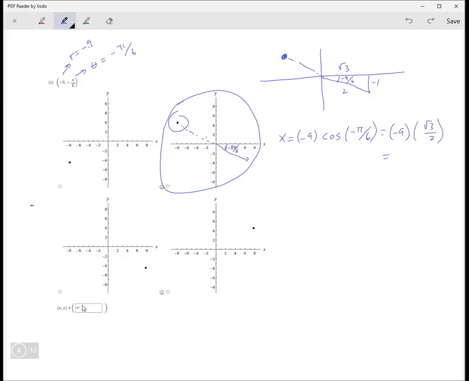So the x coordinate is -9√3 over 2. And the y coordinate is -9 times sine of negative pi over 6. Sine is -1 over 2. So that's going to be 9/2.